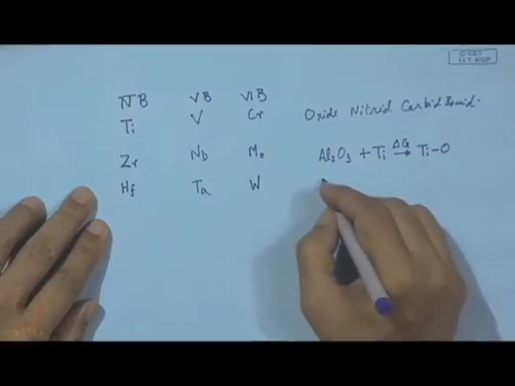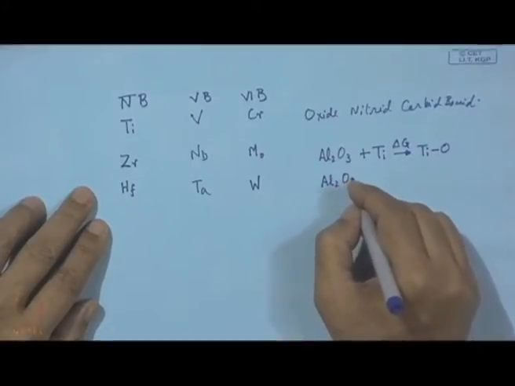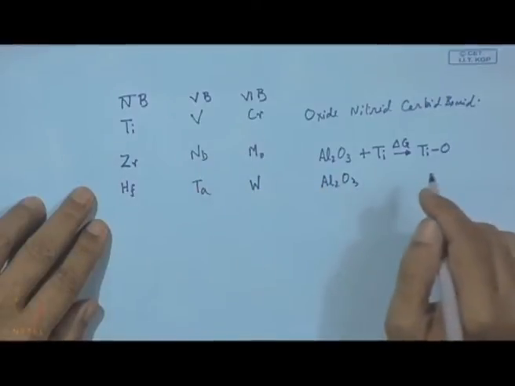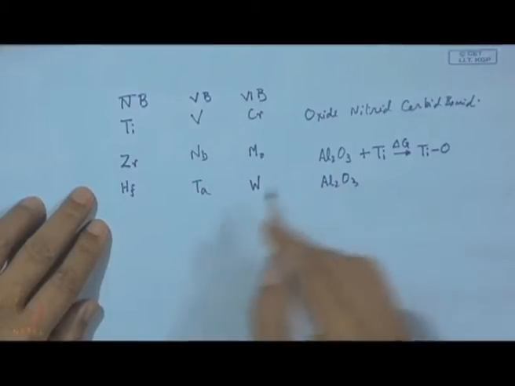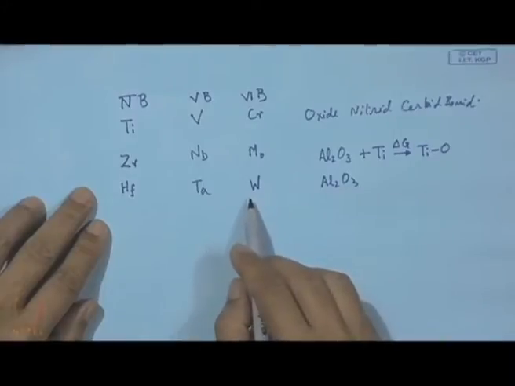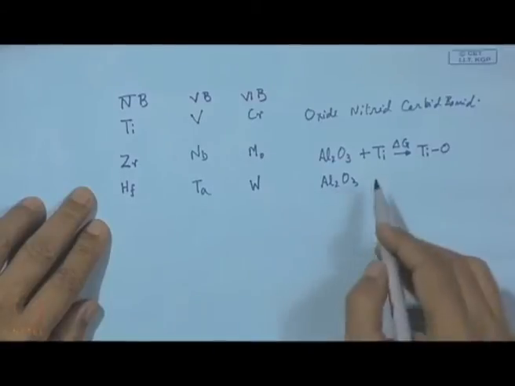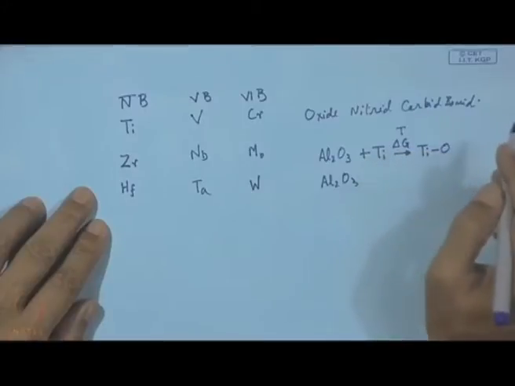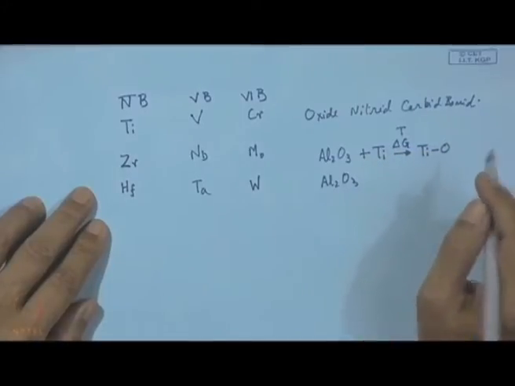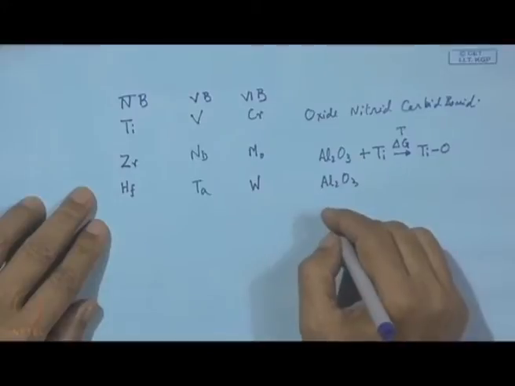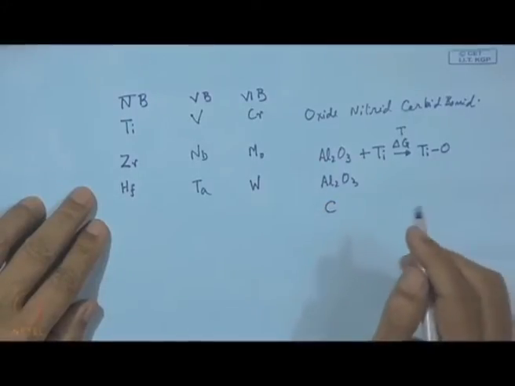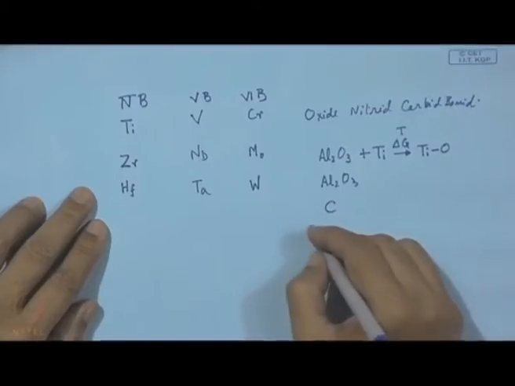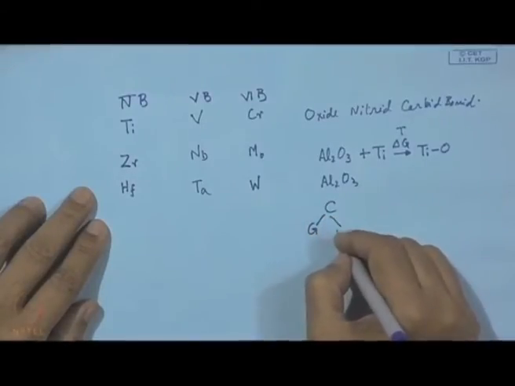One has to look into the suitability of an element, or say its capability to react at a particular temperature, and then this delta G should be negative. Say for example, it is carbon, it can be graphite or it can be diamond.